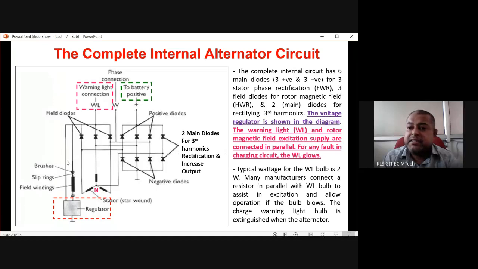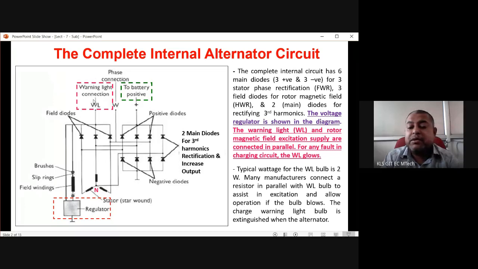So the alternator has two coils. One is the rotor coil. This rotor coil also requires some electricity supply to produce the rotor magnetic field. So this rotor magnetic field derives its electricity from the stator supply as well. The stator supply is half wave rectified, and one part of it is going to the warning light, which is in series with the ignition.